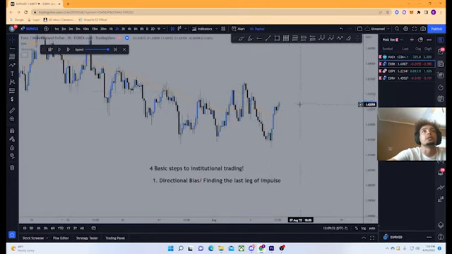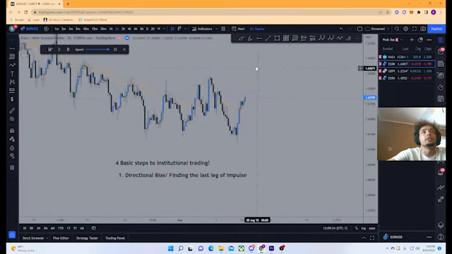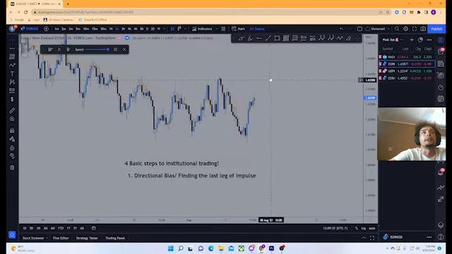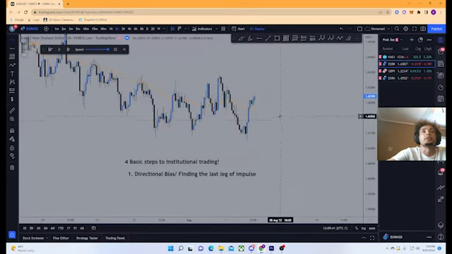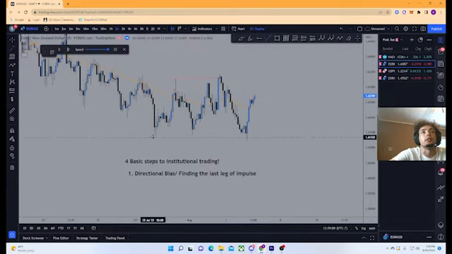So we can see on this 2-hour structure that this market structure here is showing us that we are going on a downtrend. The first thing that we want to look at is where's the last high that created the last low.